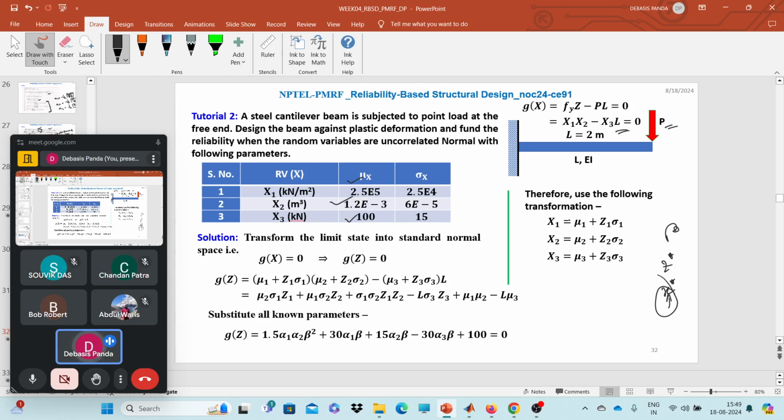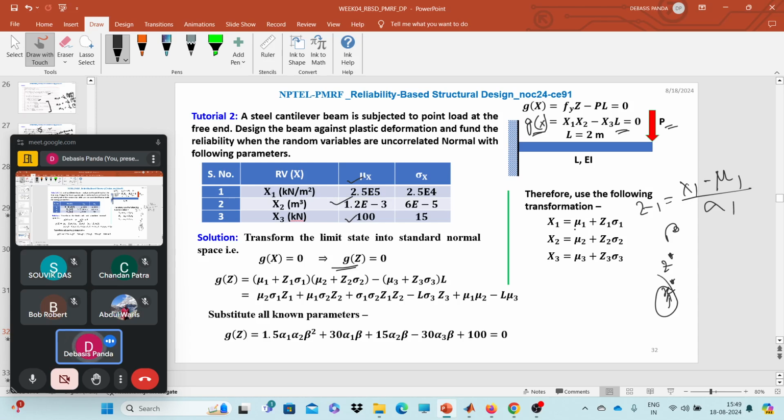So what was the first step of the Rackwitz algorithm? First, write down the limit state function in x domain. So our limit state function in x domain is nothing but x1 x2 minus x3 l equals 0. Now we need to convert into standard normal domain. So Z1 is equal to x1 minus mu1 divided by sigma 1, similarly for the rest.